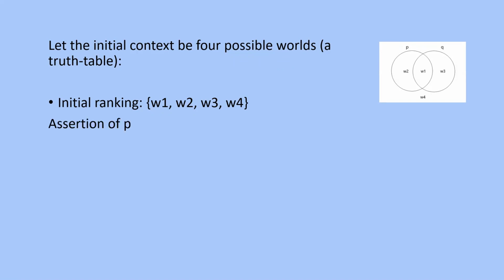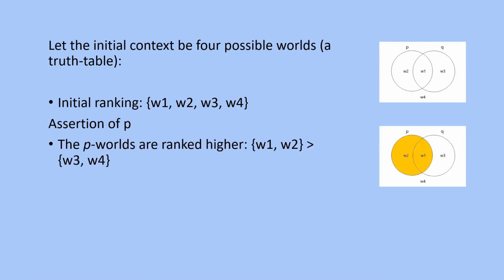Then what happens? Suppose that P is asserted and accepted. Now we are decomposing, in effect, the notion of an update into 2 parts. The first element is that the P words get ranked higher. So the P words are W1 and W2, right? And these get ranked higher. I'm representing this in the picture on the right by this color orange.